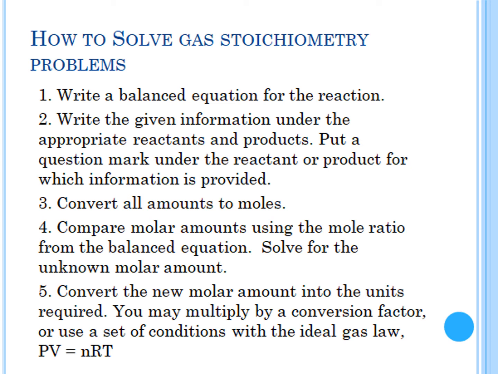Number four, compare the molar amount using the mole ratio from the balanced equation. Solve for your unknown molar amount. And now, remember, moles is n, so you would have the substance that you need, you would know its moles, and you could plug it into the ideal gas law as needed.